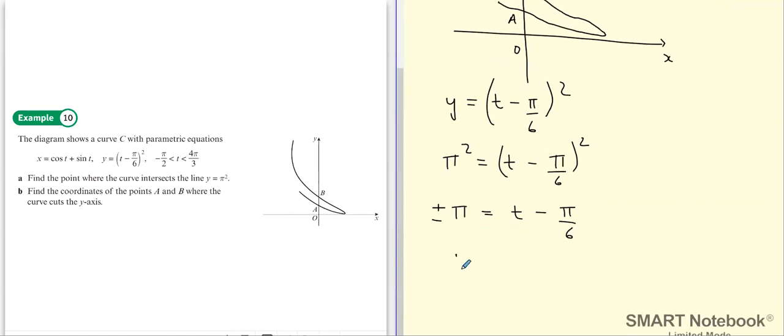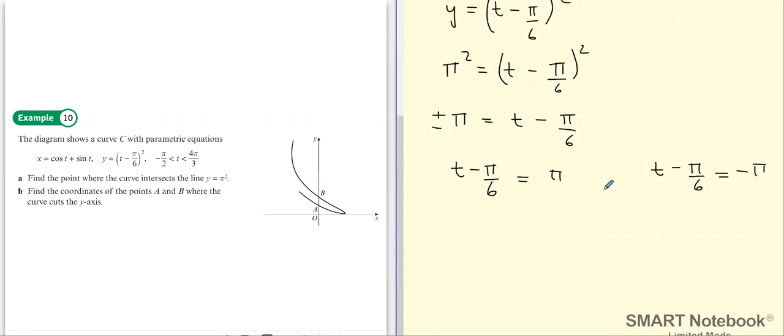So now t minus pi over 6 could either be positive pi, or t minus pi over 6 could be negative pi. So t equals pi plus pi over 6, or t equals minus pi plus pi over 6.